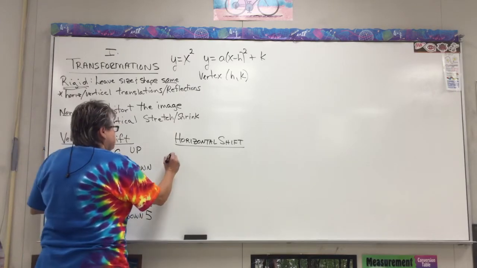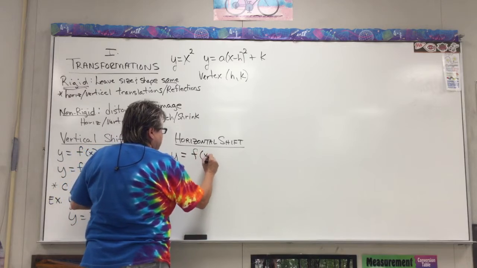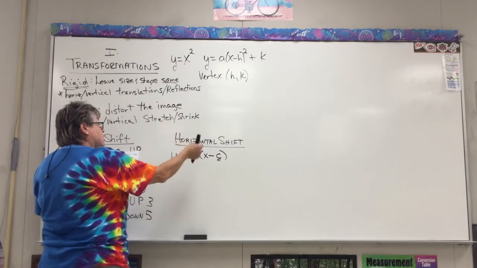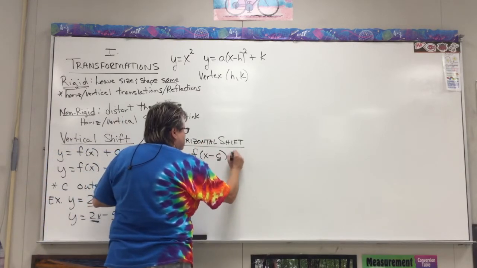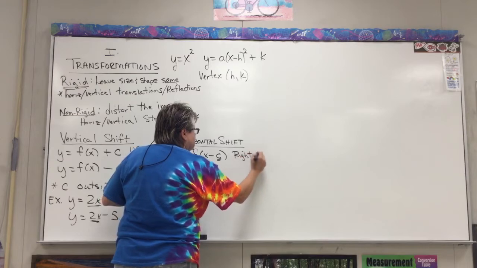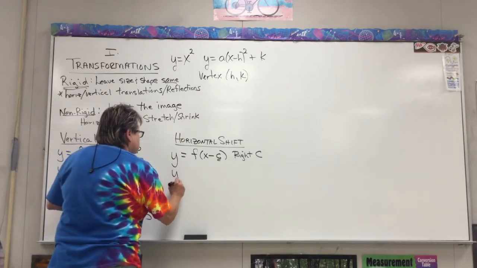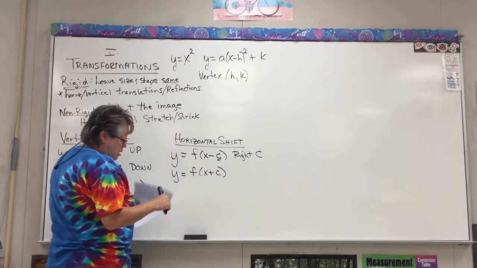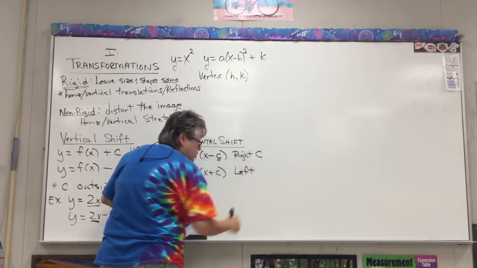Horizontal shifts might look something like this. y equals f of (x minus c). If it's inside the parentheses, we're talking about horizontals. In this case, we're going to go to the right by c, whatever it happens to be. If it's y equals f of (x plus c), that one's going to go left by whatever c is.